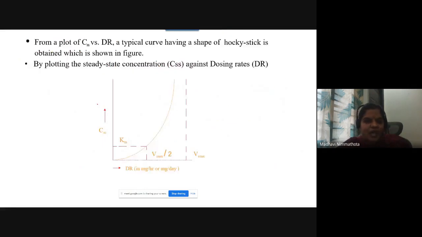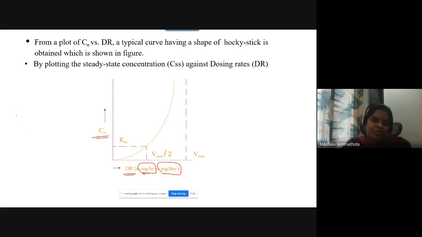So the next one is from a plot of CSS versus DR. When you plot steady state plasma drug concentration versus dosing rate, your dosing rate can be either mg per hour or mg per day.